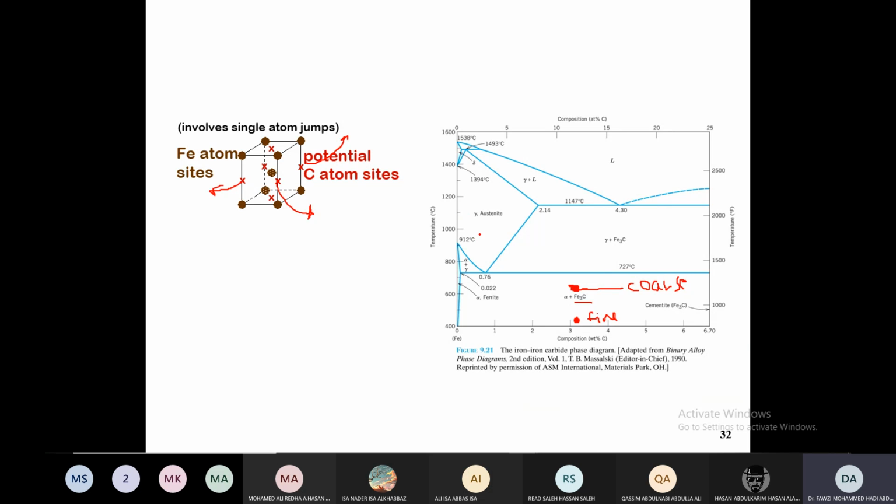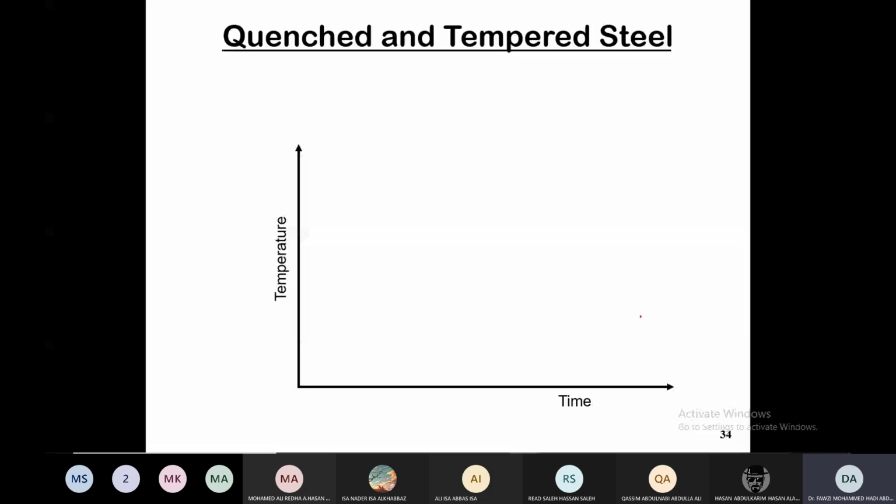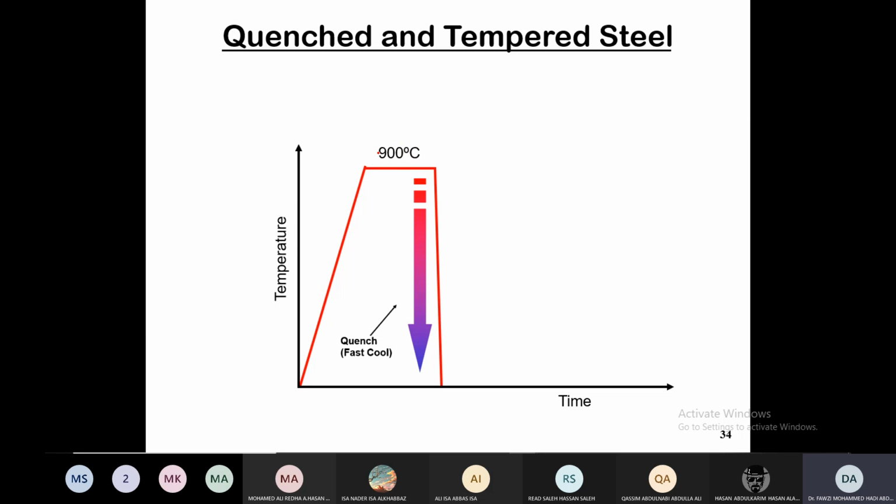Okay, we are somewhere here, and then we quench from the austenite to room temperature, from the 900 degrees centigrade, or it's not necessarily 500 or 900, of course. It depends on the composition of carbon and the temperature you need in order to be in the austenite zone. So once we heat treat from that, then we quench.